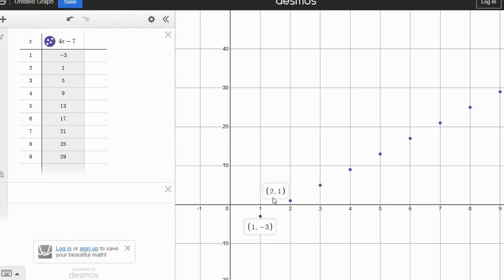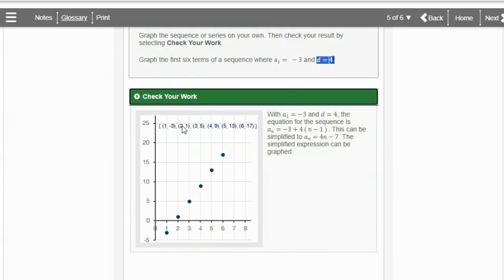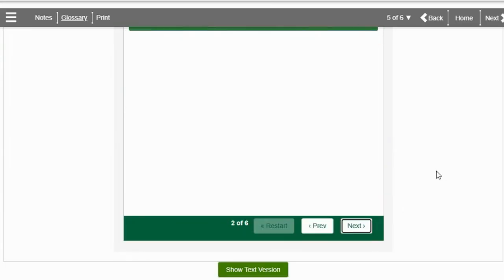So the second term is 1, 5, 9, 13, 17, 21. Negative 3, 1, 5, 9, 13, 17. It's going up 4 each time. 4n minus 7. That's what we came up with. That's the same graph. All right, there you go.